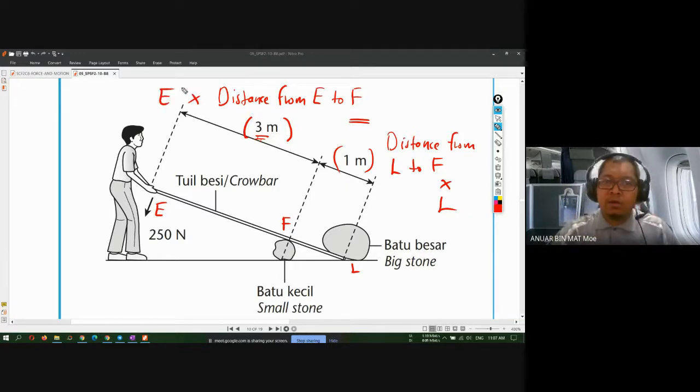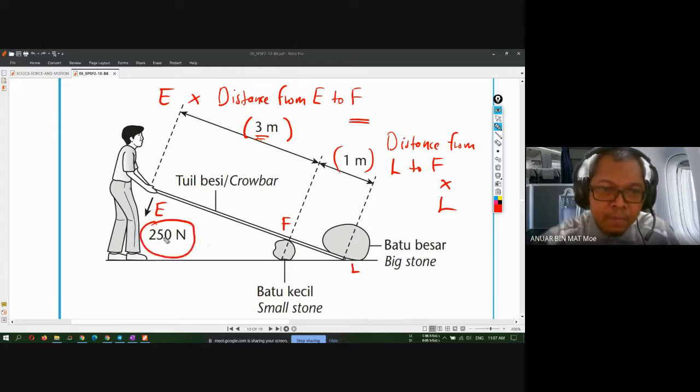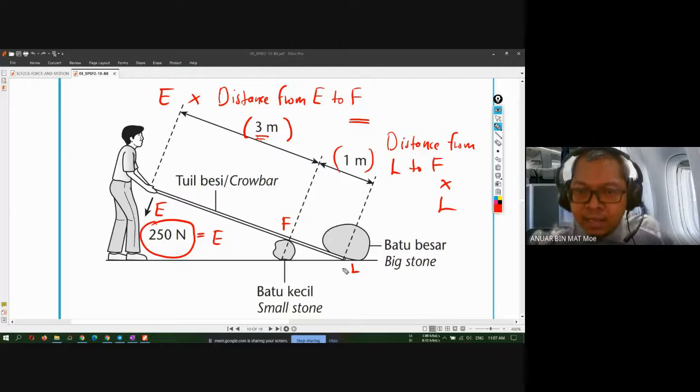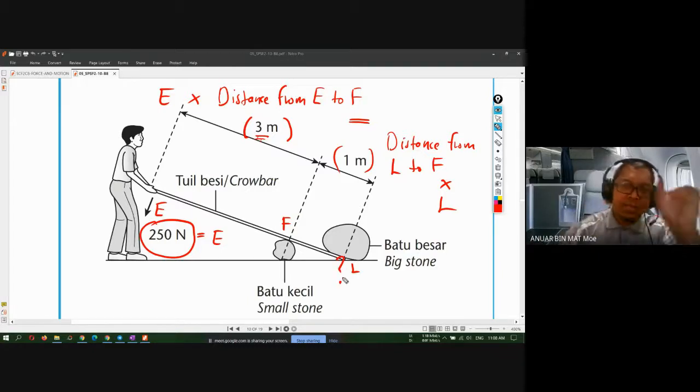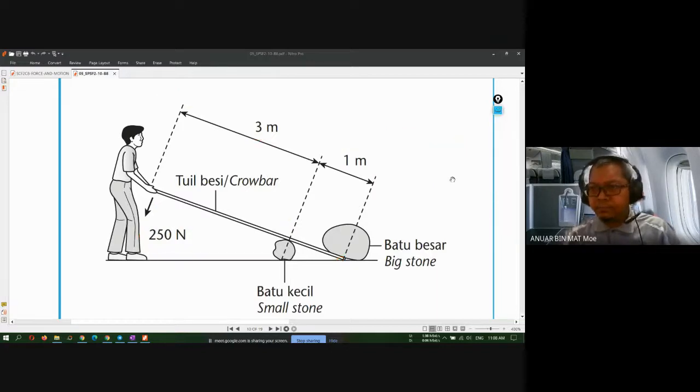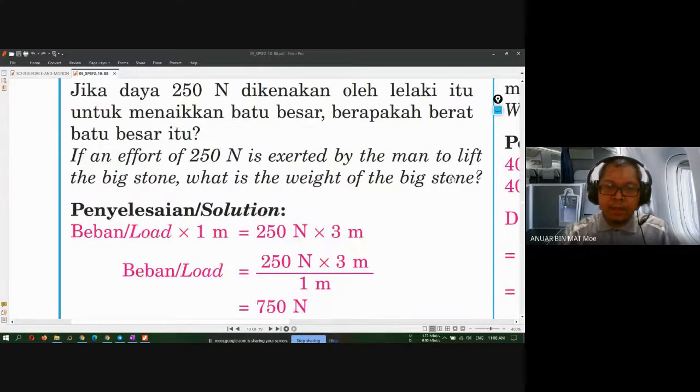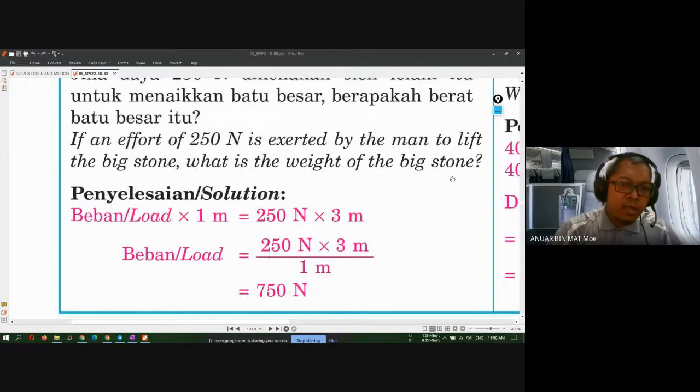It already gives you the effort, which is 250 Newton, and then you find the load. You just multiply it. So the answer will be 750 Newton. Is it okay? This question, page 107.